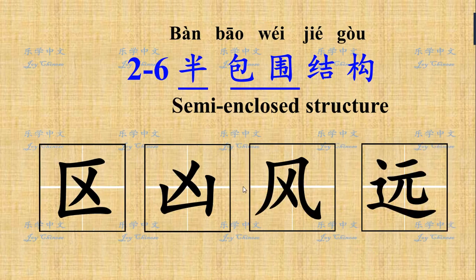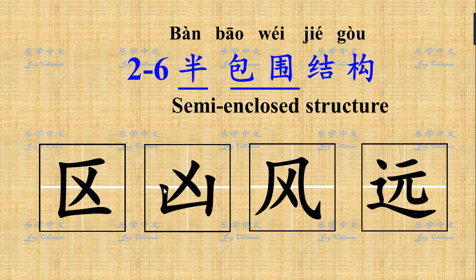Alright, next one we have a semi-enclosed structure. It means partially enclosed. We call it 半包围结构. Not totally enclosed. For example, three sides of the character are surrounded or closed, but one side has a gap.